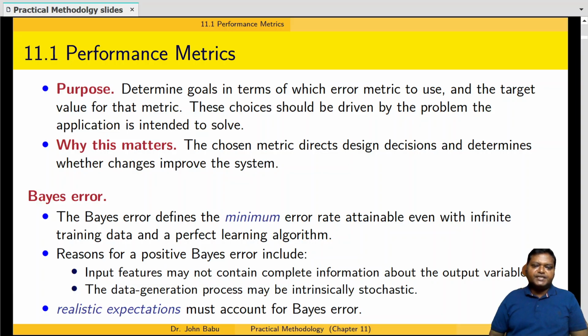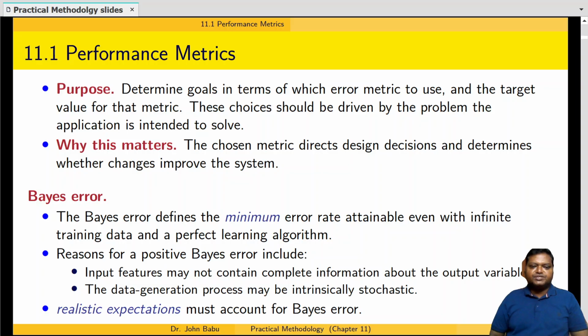So we define an error: even if you have infinite training data and a perfect learning algorithm, there will be a minimum error rate. That minimum error that will occur in spite of the availability of huge training data and an excellent learning algorithm is known as base error.